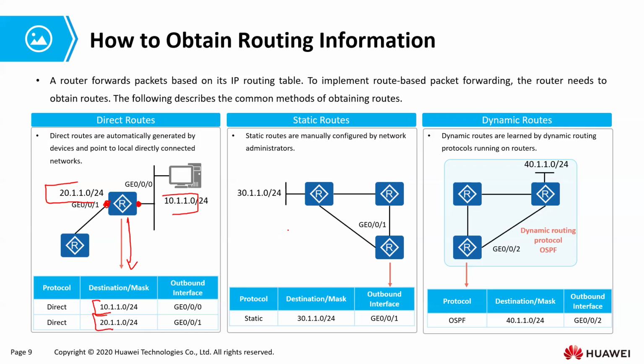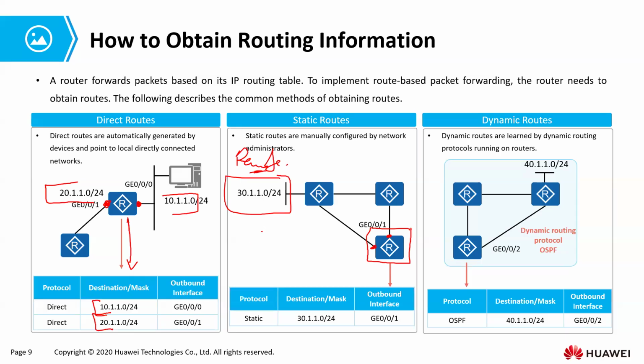So in this example, in the routing table of this router, my directly connected networks are there. This network is remote, meaning by default it will not be in the routing table. There will be need for routing protocols or a static route to be configured so that we are able to send packets to that network.